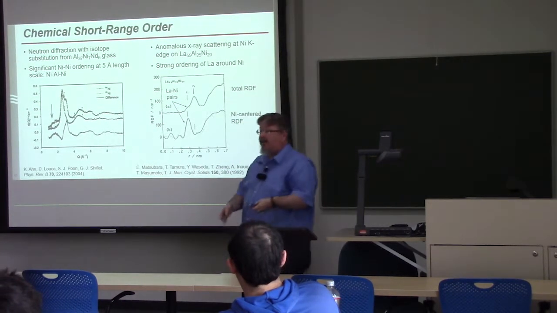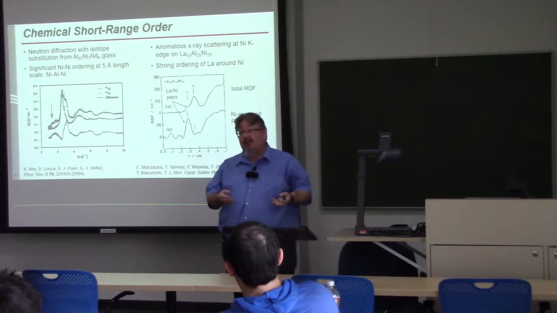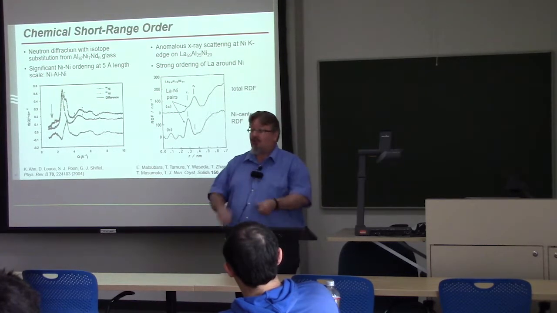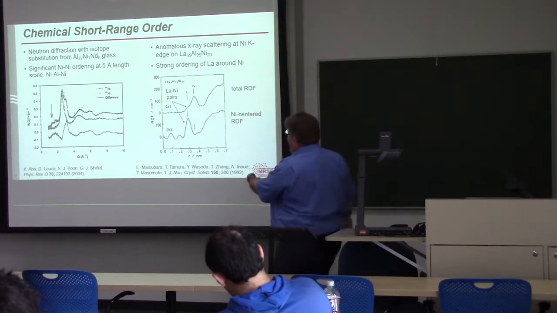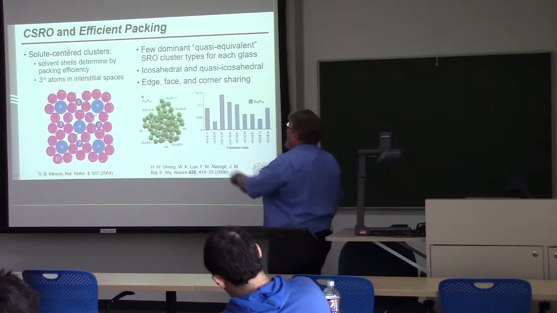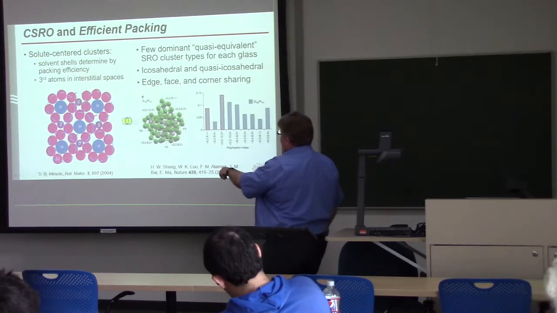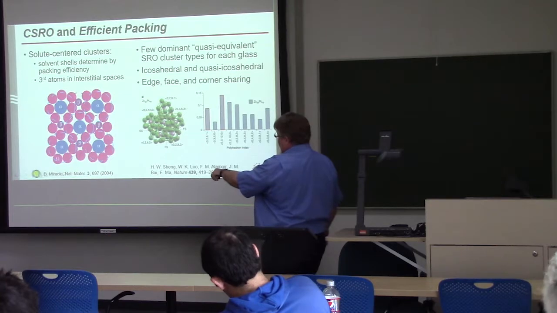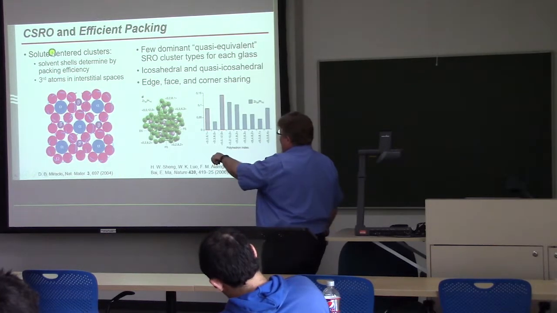So the dense random packing model fails to account for this kind of chemical short-range order, and that led to models that incorporate efficient packing and chemical short-range order. There are two sort of significant ones. One of them is, again, from Dan Miracle, and he emphasizes solute-centered clusters.